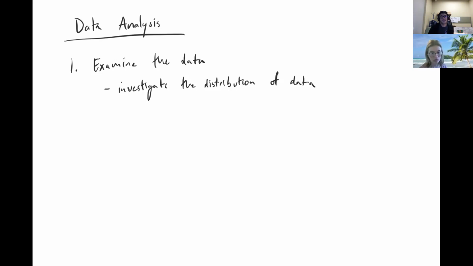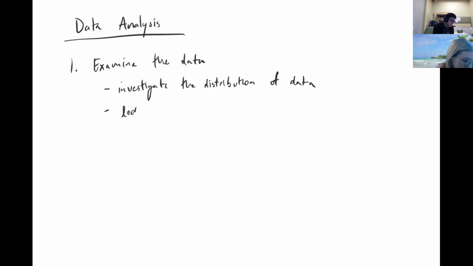I think delving into what the data looks like, even from a visual perspective, can really help to guide you in creating the models, what types of models you should be applying, and how it relates ultimately to the results and interpretation of results. So data examination is very crucial.